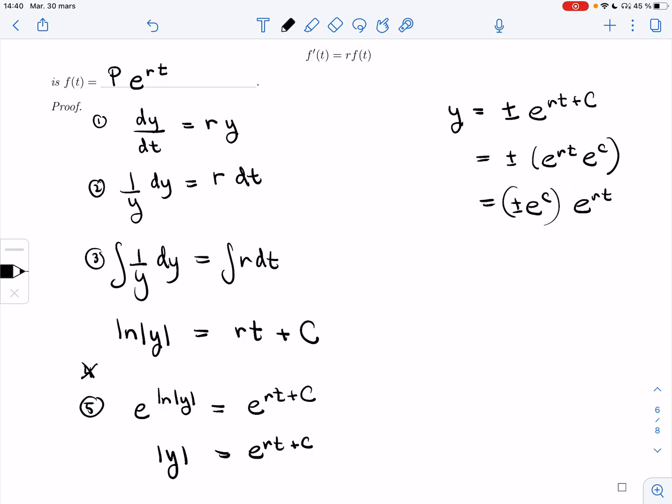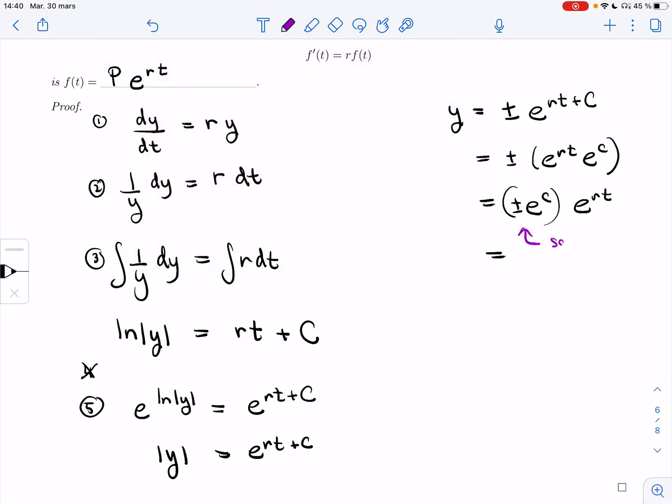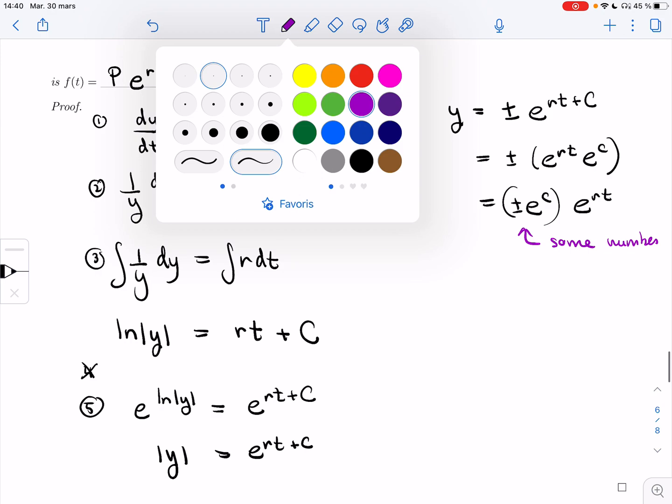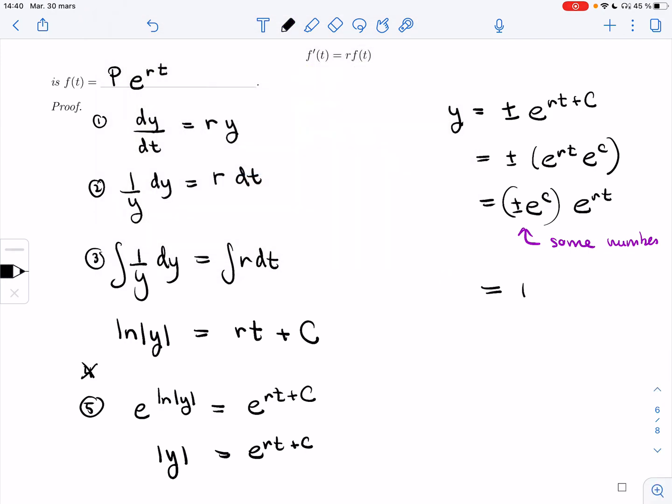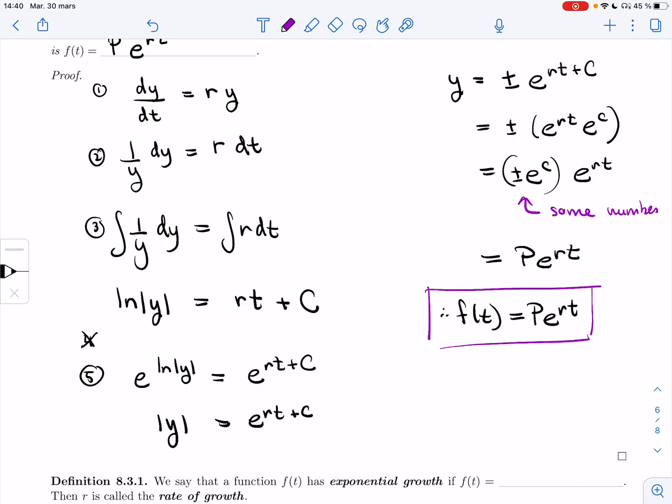That's just a number, and I'm going to call it P. So I get y is P e to the rt, and so the answer is in fact PERT. That's the proof.